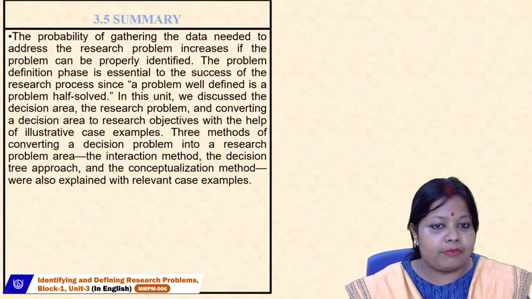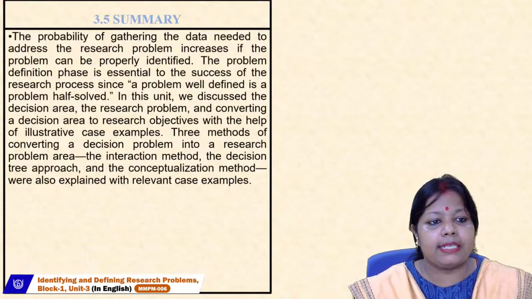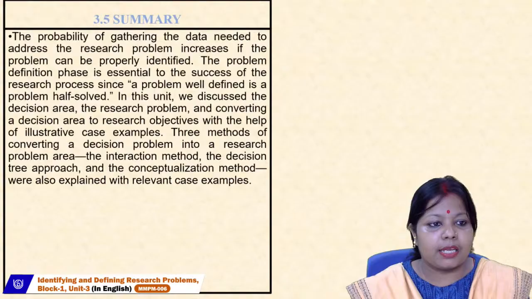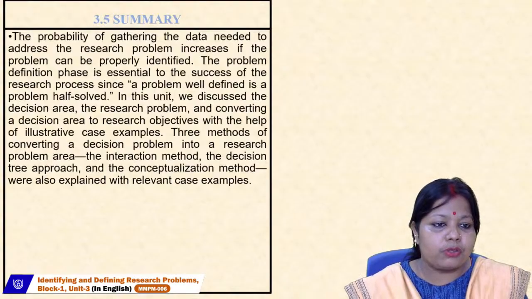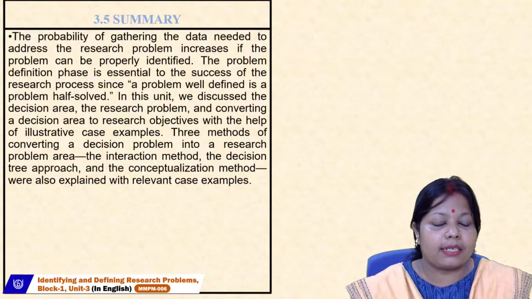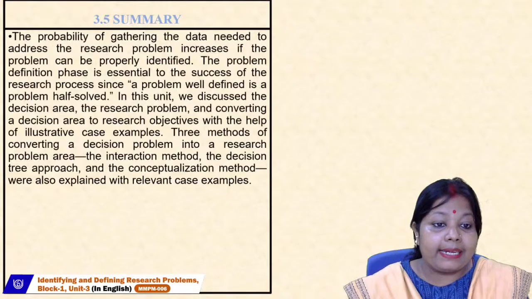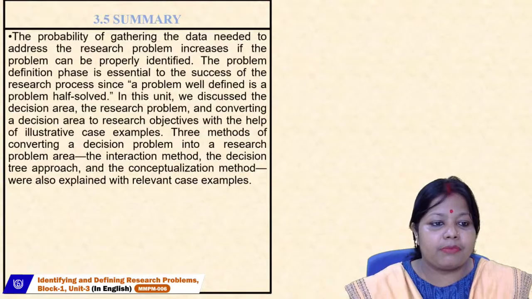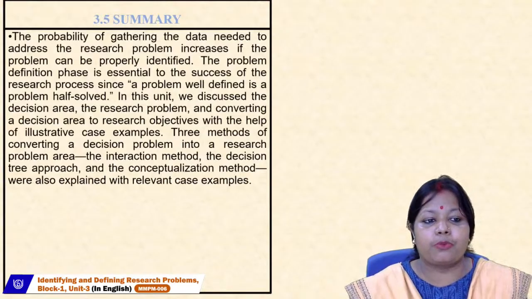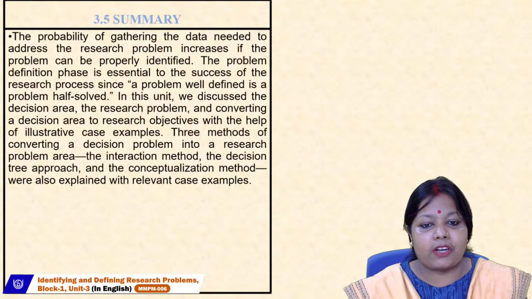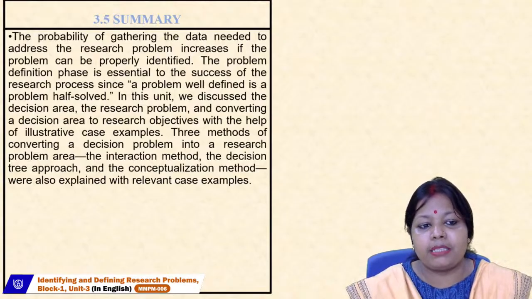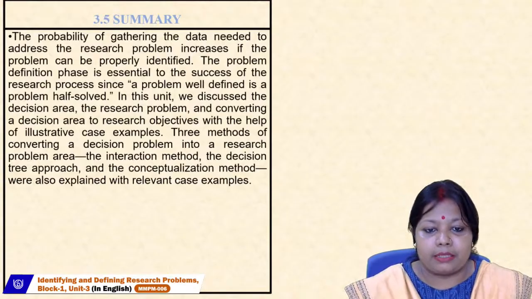In this unit, we discussed the decision area, research problems, and converting a decision area into research objectives, with various examples. We also discussed three examples, or case studies, and what the right questions are for them. We also discussed three methods of converting a decision problem into a research problem: the interaction method, the conceptualization method, and the decision tree method.